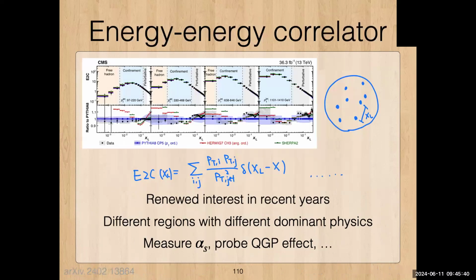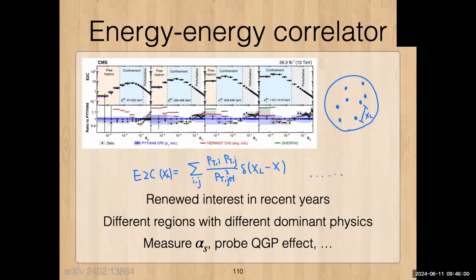Another honorable mention is the so-called jet energy correlator, where we can use jets to study different things. This is an old idea from quite some time ago, but in the recent few years there's been really good interest in measuring this again in jets.